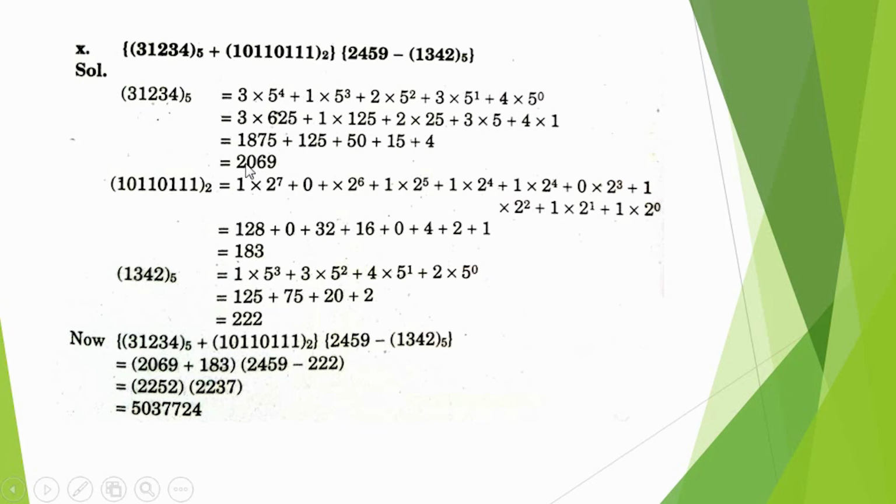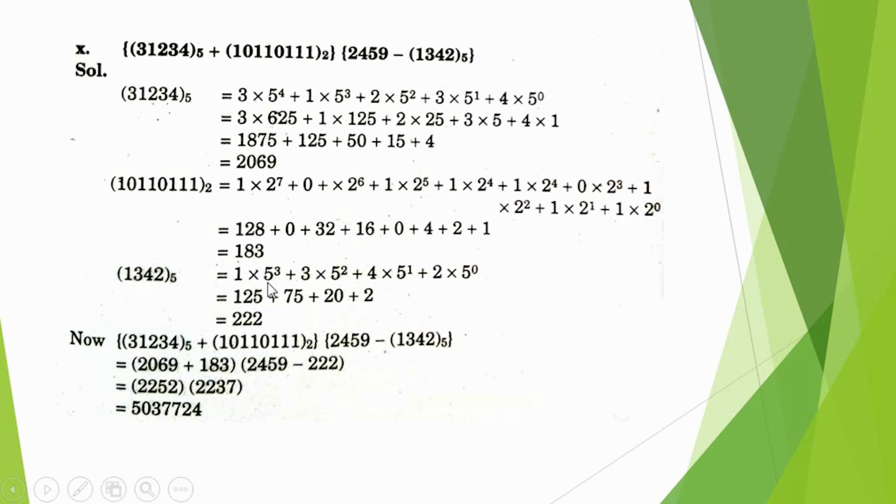Now we multiply these values and add. Answer comes 2069. Now 1 multiply 2 plus 0 multiply 2 plus 1 multiply 2, 1 multiply 2 plus 0 multiply 2, 1 multiply 2, 1 multiply 2, and 1 multiply 2.